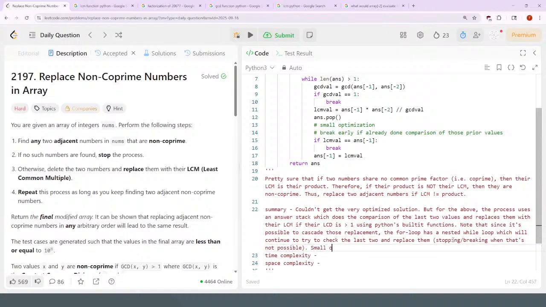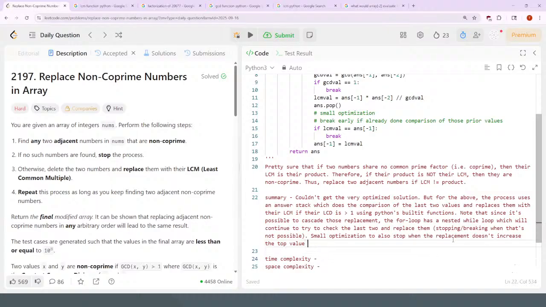Small optimization to also stop when the replacement doesn't increase the top value, as the next check would be the same as a prior check.